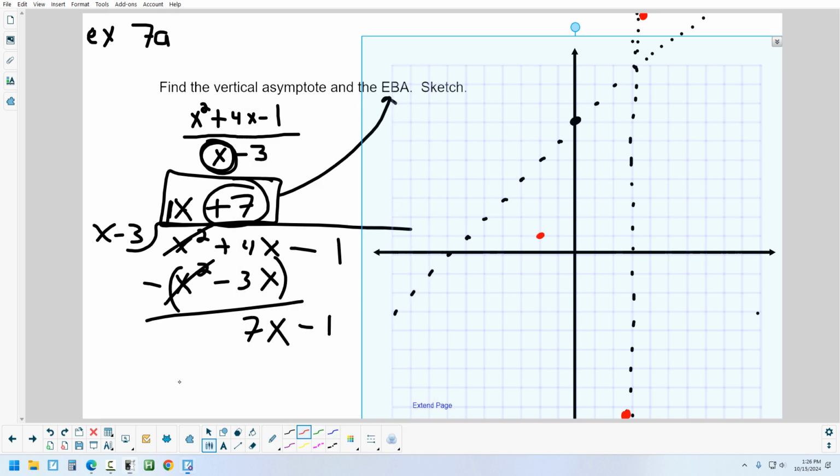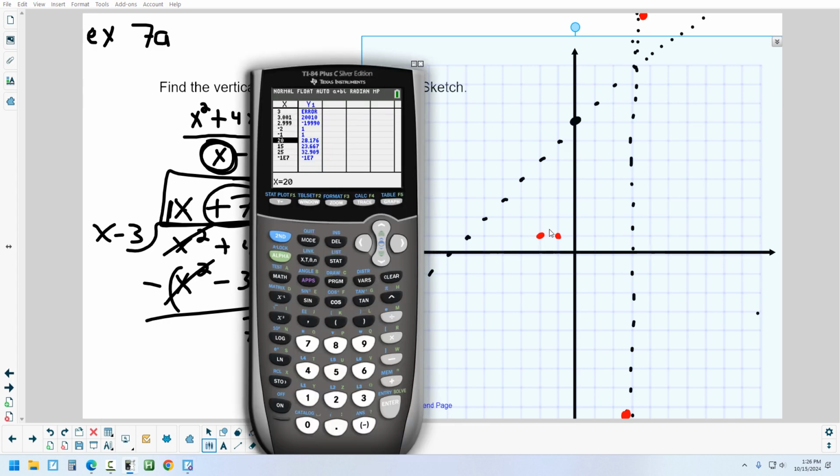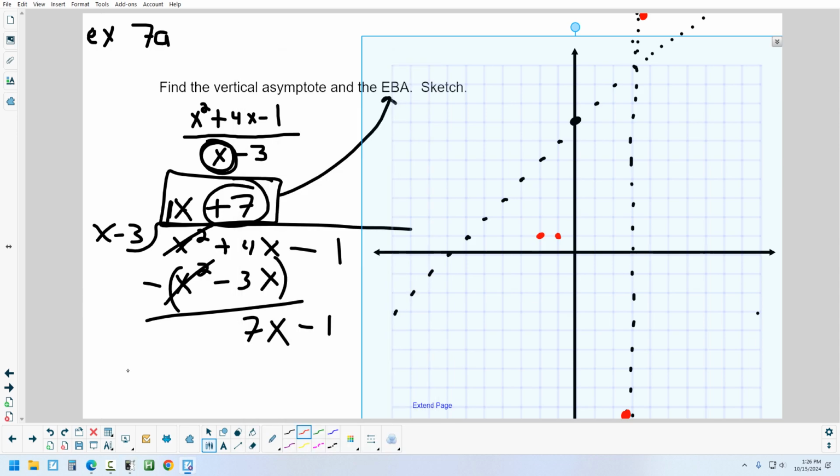Negative 1, 1. Okay. Let's do negative 5. Trying to get an idea of what it looks like by plotting points. Negative 5, I'm at negative a half. So watch what's going to happen here. These red dots are going to get closer to that dotted line now.